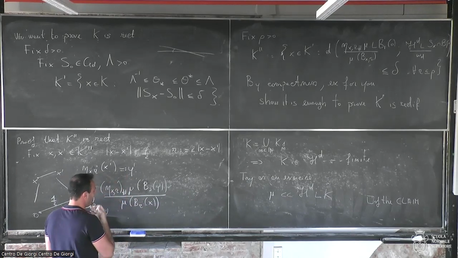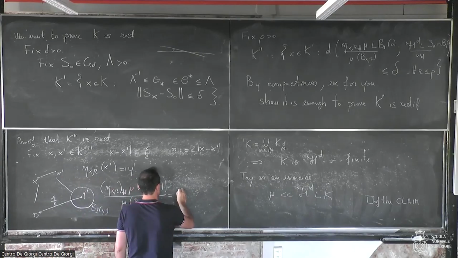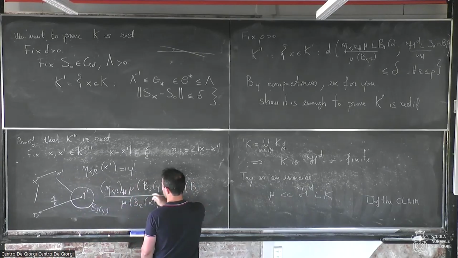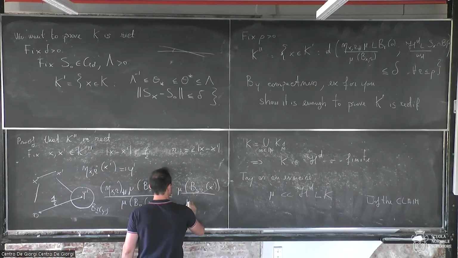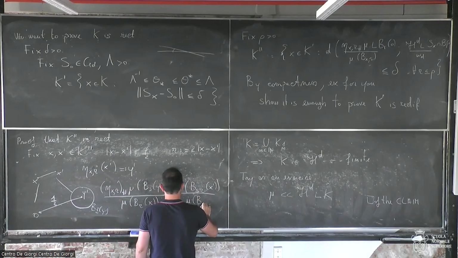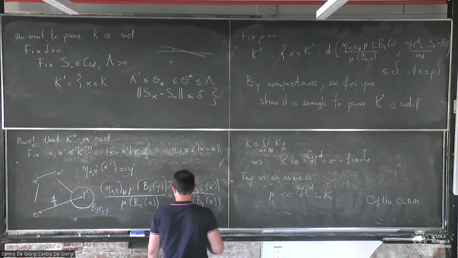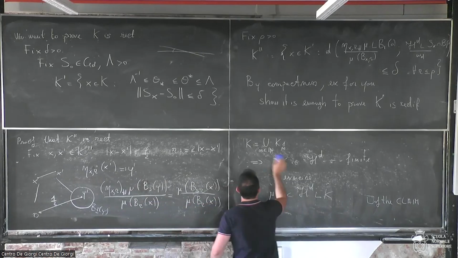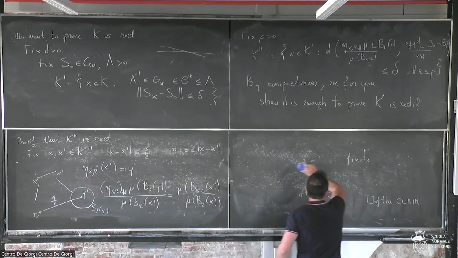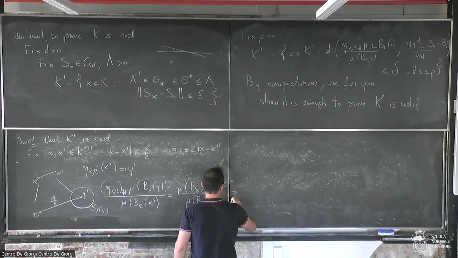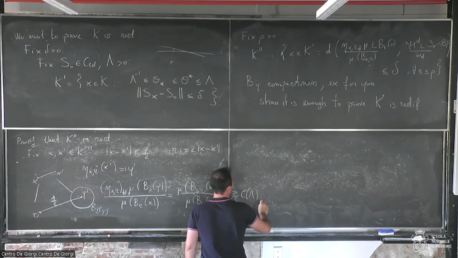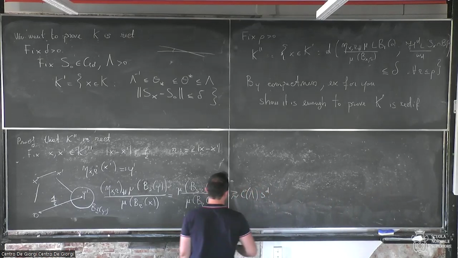Okay, and I know that this is mu of B(x', r). Now, you can check as an exercise that by the density assumption, you can assume that this is something that depends on lambda, s to the power d, say s 0.1/4.